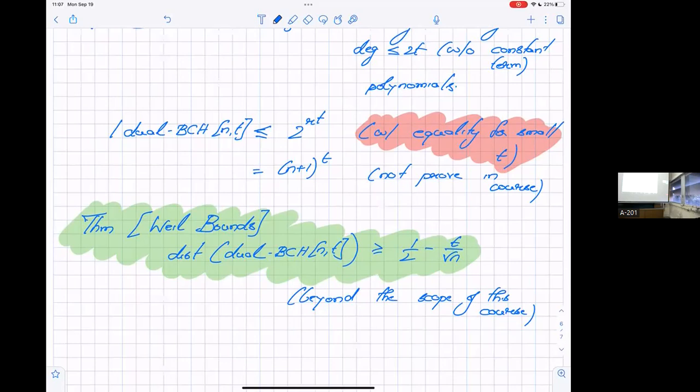And notice that if you recall from last time, we had said that if you're looking at delta going to 0, the Gilbert-Varshamov says there exists a code C so that the rate of the code is greater than or equal to 1 minus 2 delta log 1 over delta.